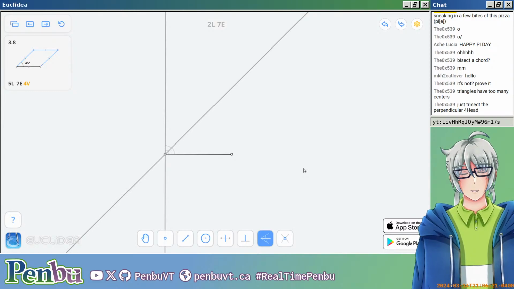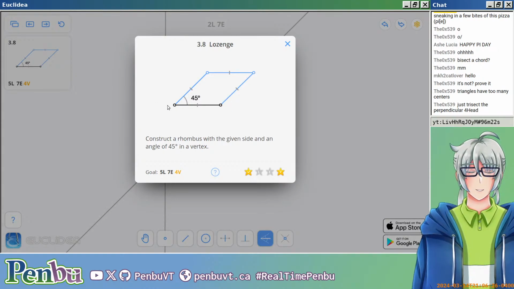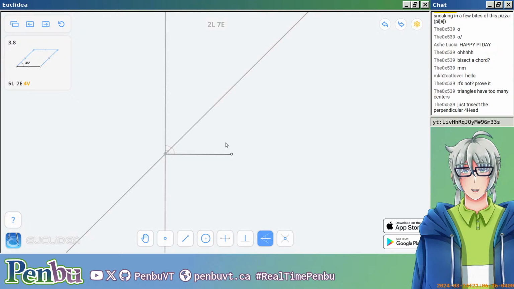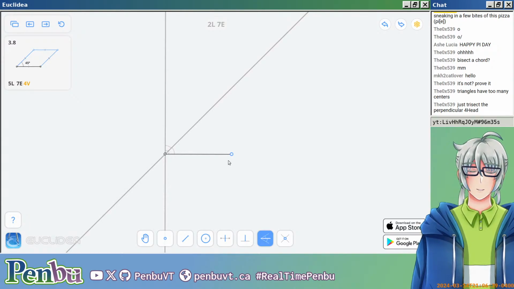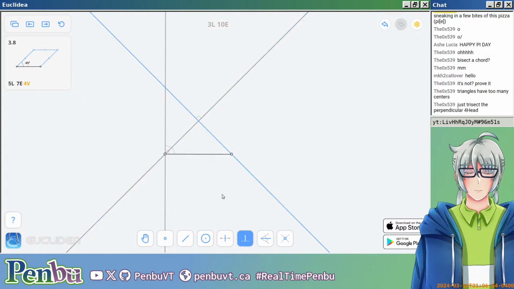Now, if we bisect, we can get the other corner, but because this corner here is always going to be at an angle that bisects this angle here, this is also 45.